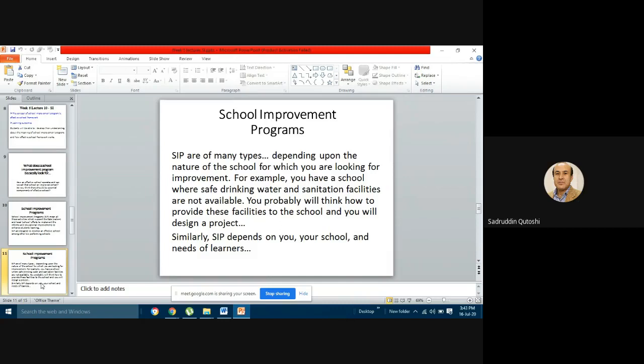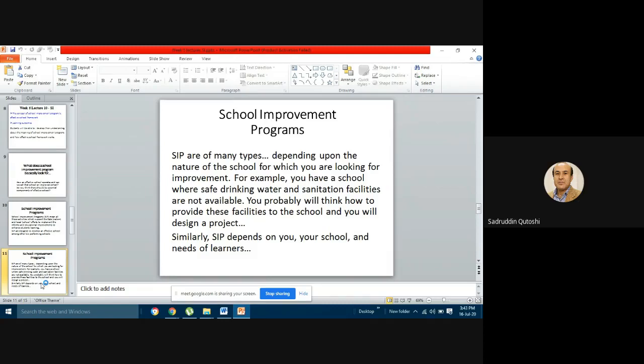They have their own requirements, needs and demands, and based on that, looking at the interest of the education they are providing, they need a particular sort of program to improve their students' learning.